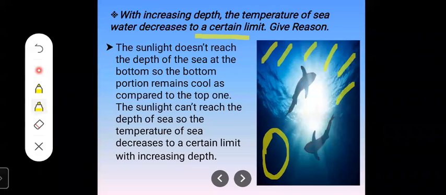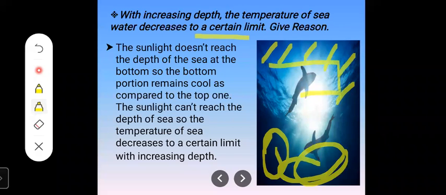At the surface level only, you can see the water is warm, but the sunlight can't reach the depth of the sea. So inside, the temperature is less. In the depth of the sea, the temperature decreases to a certain limit of increasing depth.